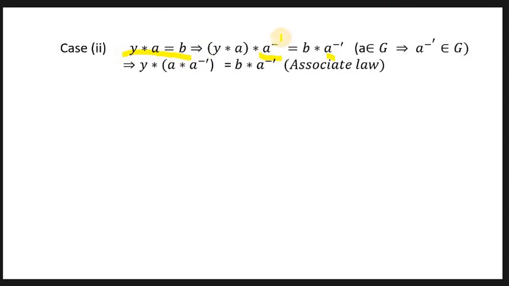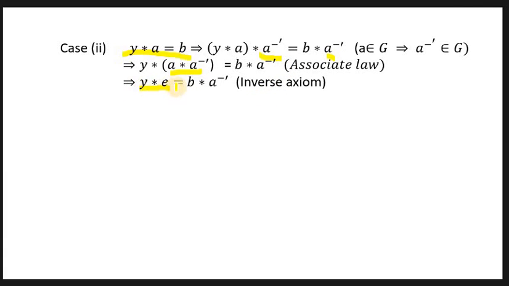Now this again implies y star (A star A inverse). See, by associative law, we have grouped this A star A inverse together. Then again we can make use of the inverse law and take this A star A inverse as E. So this implies y star E, that is A star A inverse is equal to E, which is equal to B star A inverse by using the inverse axiom.